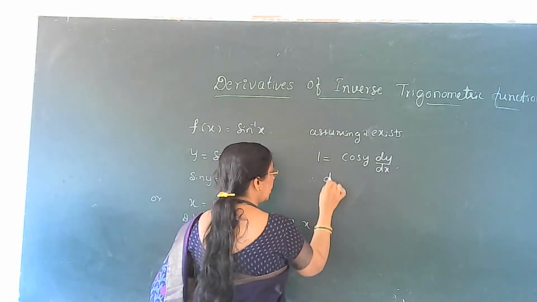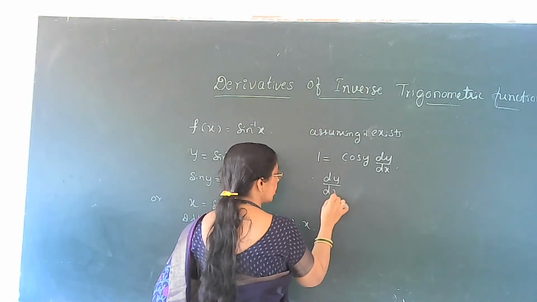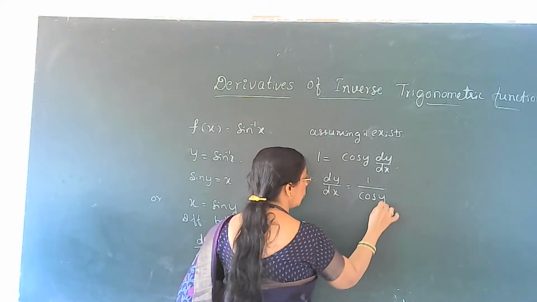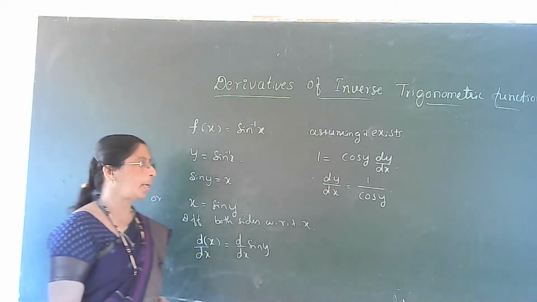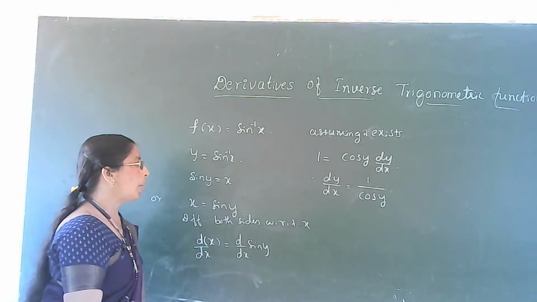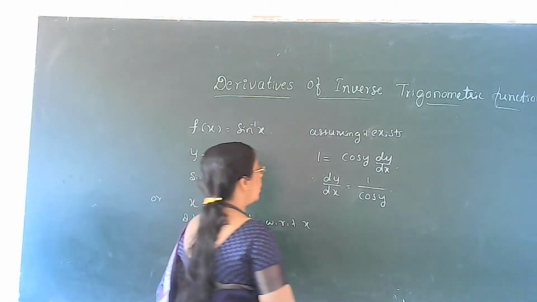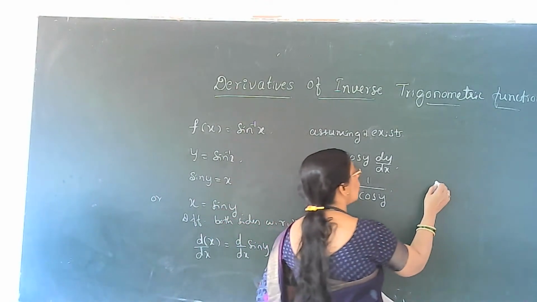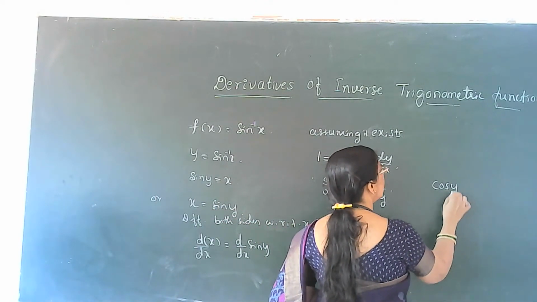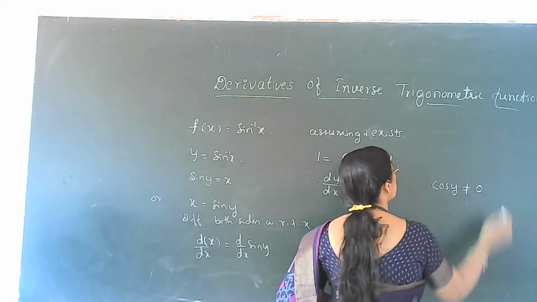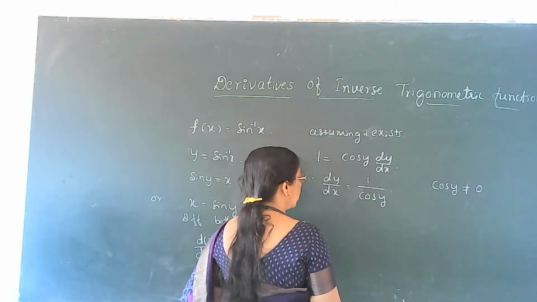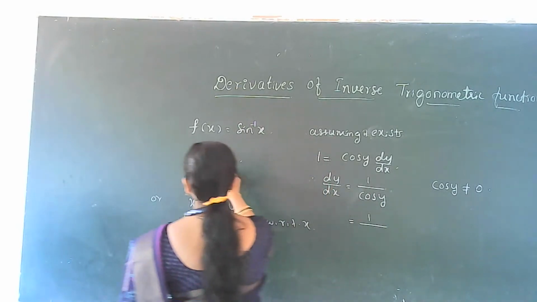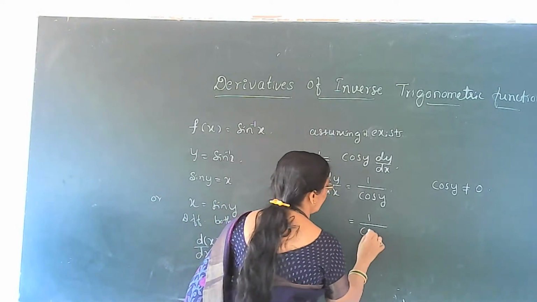Therefore, dy by dx is equal to 1 by cos y. Here, cos y should not be equal to 0.